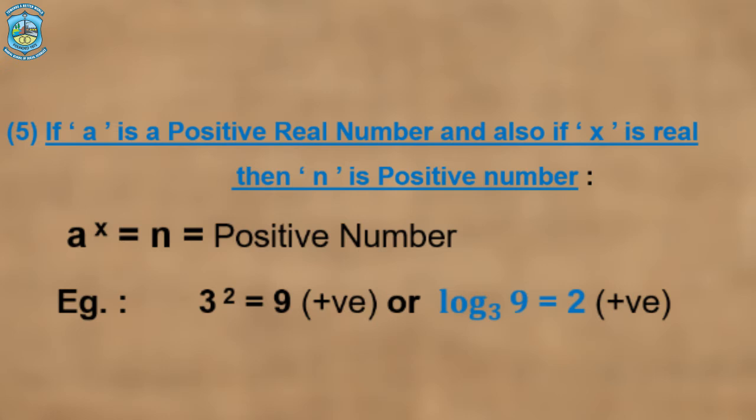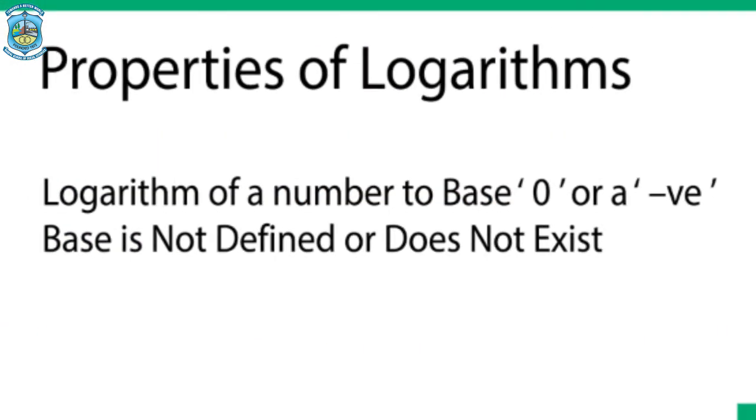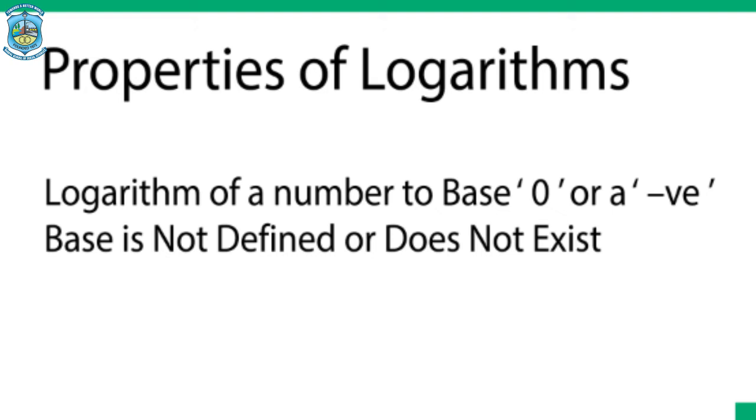Here, log 9 to the base 3 can be written as 2, which is positive. Next property. The logarithm of a number to base 0 or a negative base is not defined or does not exist. It means that we cannot have base of any value to be 0 or a negative number.